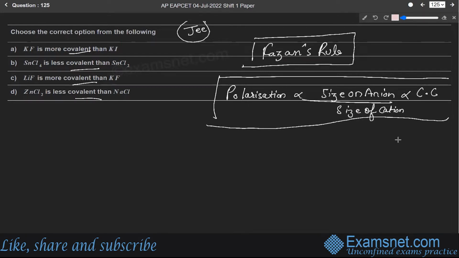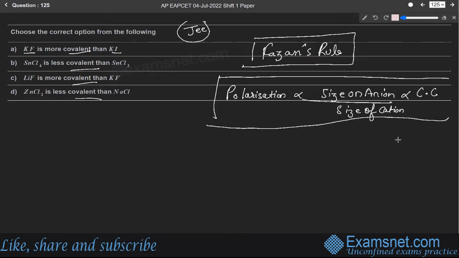Now, when you talk about size of cation, let's look into the options. Option A has given us potassium fluoride, and this is potassium iodide, then SnCl4, SnCl2, LiF and KF, then ZnCl2, NaCl. Okay, so they have asked about covalent character.